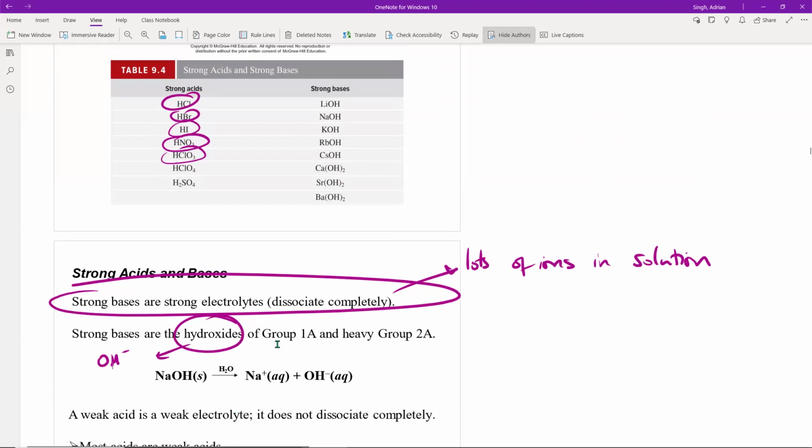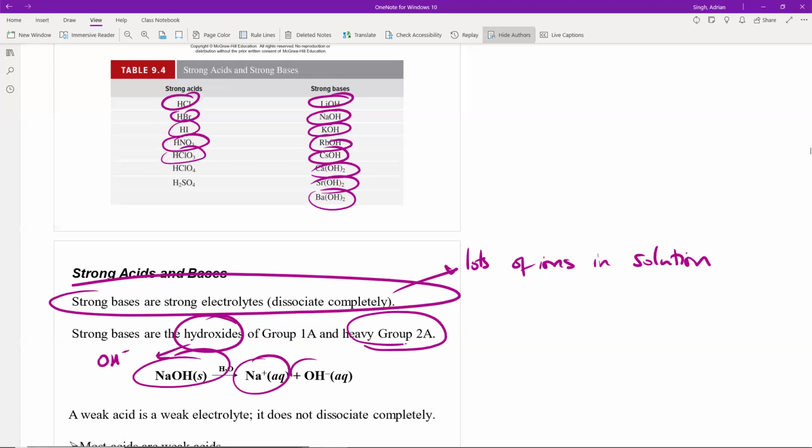These would include the hydroxides of the group 1A metals, so for example, lithium hydroxide, sodium, potassium, rubidium, cesium, as well as the hydroxides of the group 2A metals that are further down in that group, so things like calcium hydroxide, strontium hydroxide, barium hydroxide. These tend to be strong bases. These will dissociate completely in solution to give you lots of these ions, specifically lots of the hydroxide. Okay? That's the key thing for your bases.